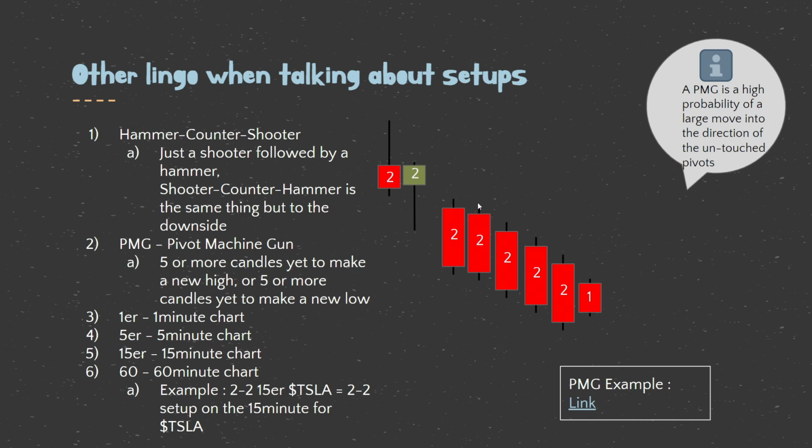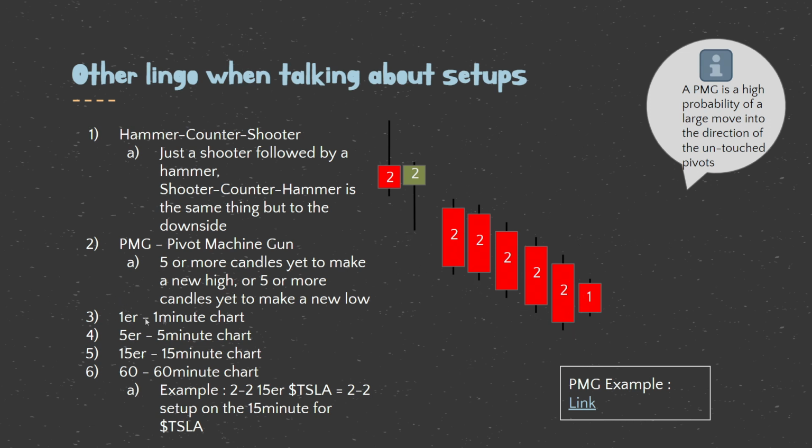So you can see here, this didn't make a new high. Lower high, lower high, lower high, lower high, lower high, inside bar. They're going to have to make a decision. It doesn't have to be an inside bar. It could be a hammer candle, a doji, whatever you want. And this is just something we would look to take back to the upside. We'll get into why that works later in this video.